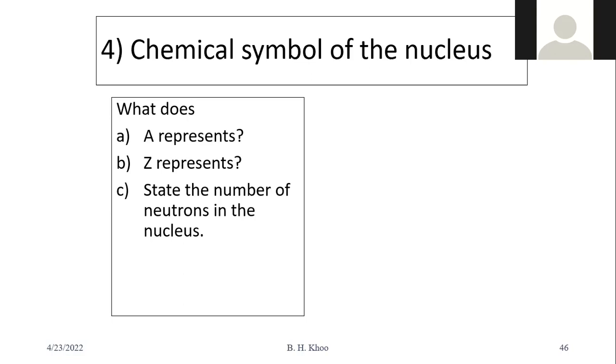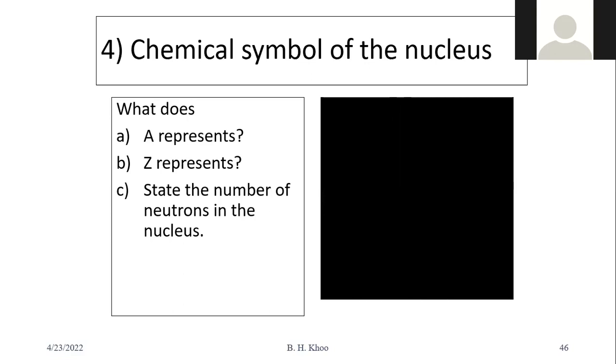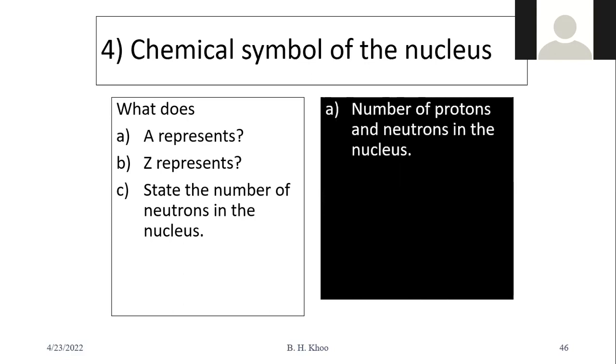What do you call A? Number of proton and neutron. Right, mass number.